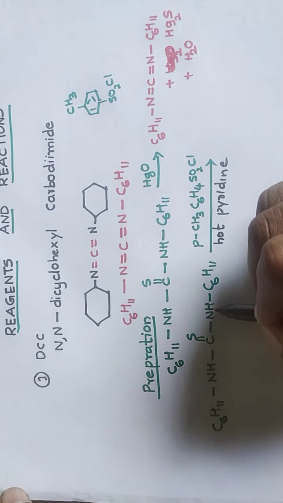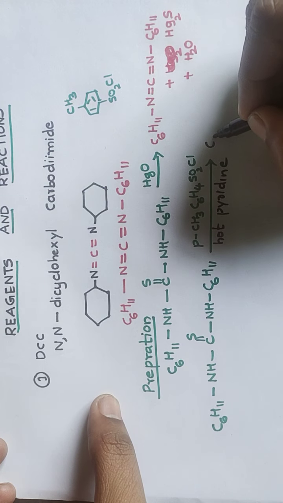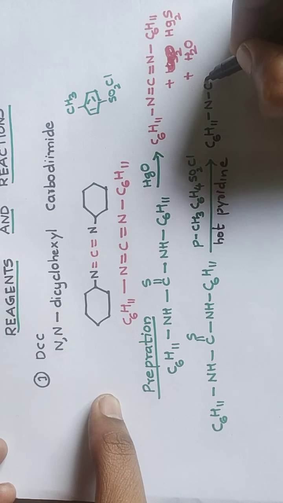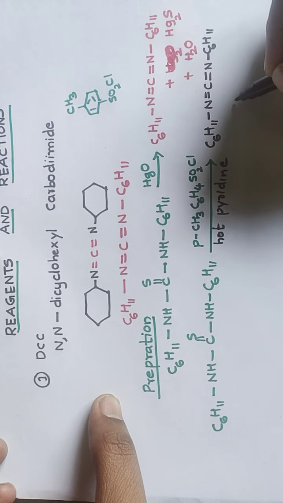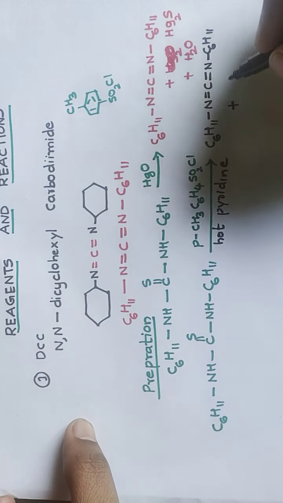Again, the removal of hydrogen or oxidation takes place, giving C6H11 N double bond C double bond N C6H11 plus H2S.